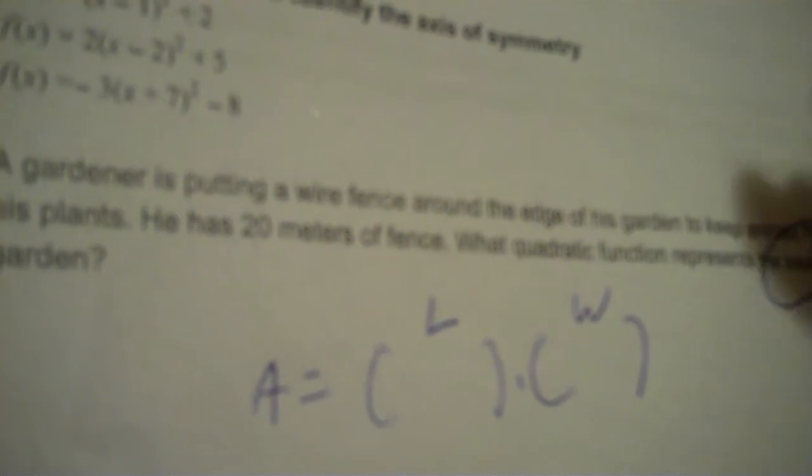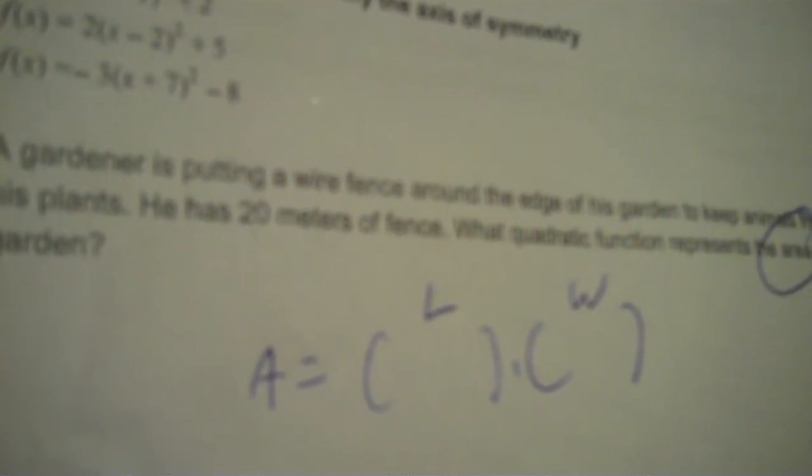Okay, he's got 20 meters of fence to put around the outside. 20 meters total. And also I'm going to make a rectangle here. Draw that, okay? Length, width. Length, length, width, width.